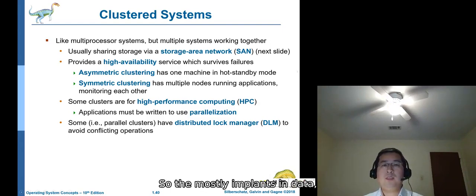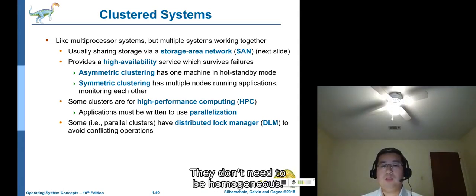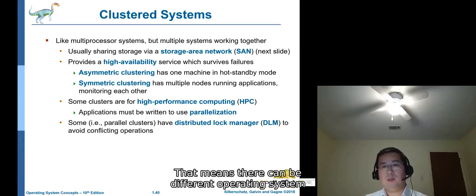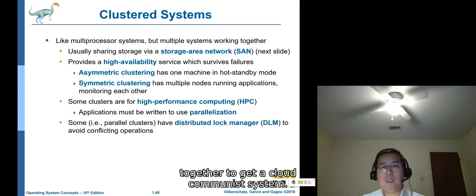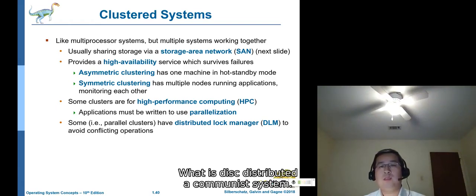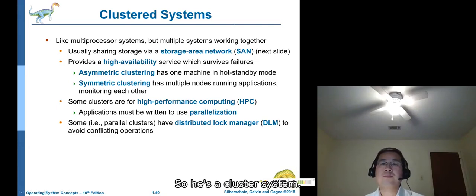The most important thing is that each individual system can be different, they don't need to be homogeneous. That means they can run different operating systems. For example, my computer system is Linux, your computer system is Windows, and another person is Mac, and then we can combine them together to get a cloud computer system or distributed computer system. So it's a cluster system, right?